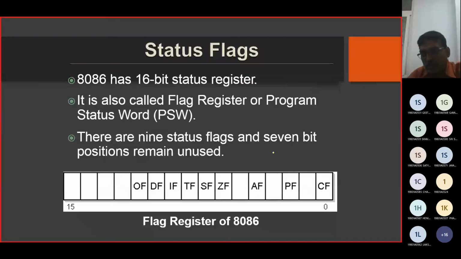Yesterday's discussion, I just want to recap. We have the interrupt flag, the trap flag, and the direction flag. These three items we call conditional flags.